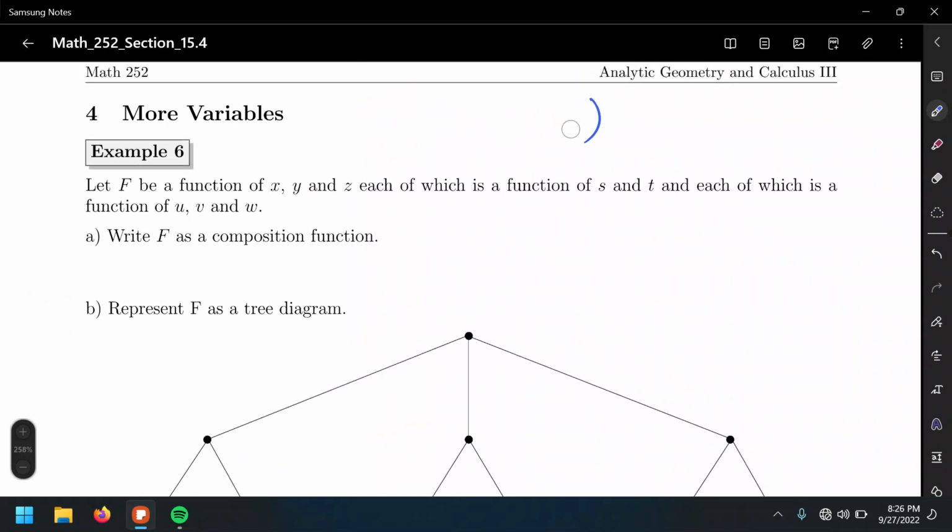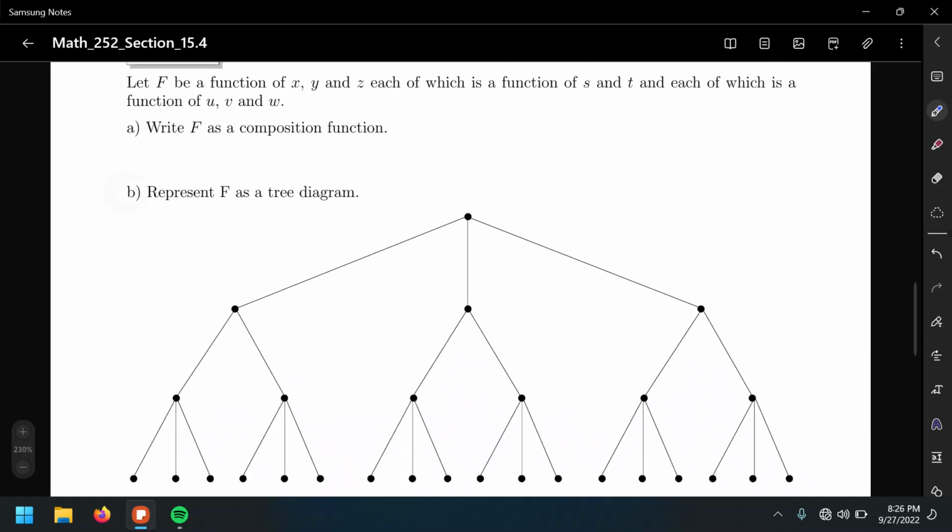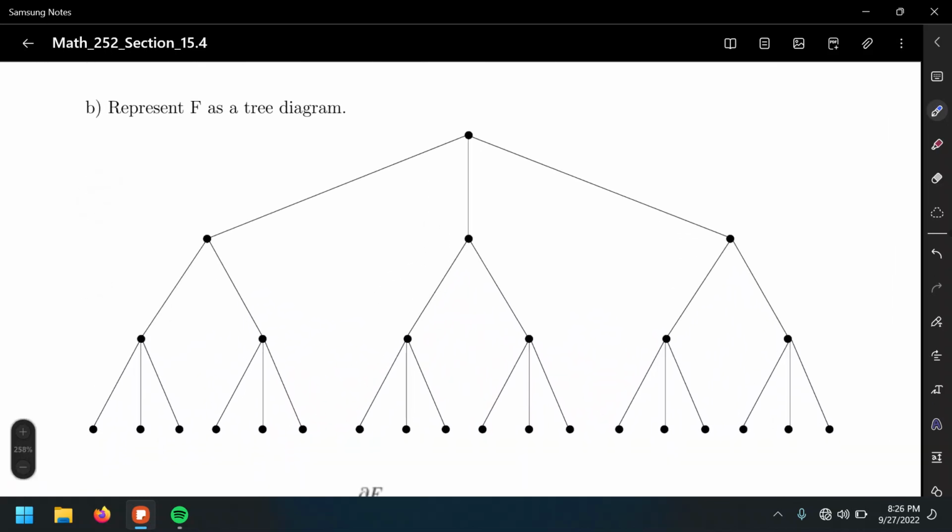So let's start with the outermost. Let's fill in this diagram.